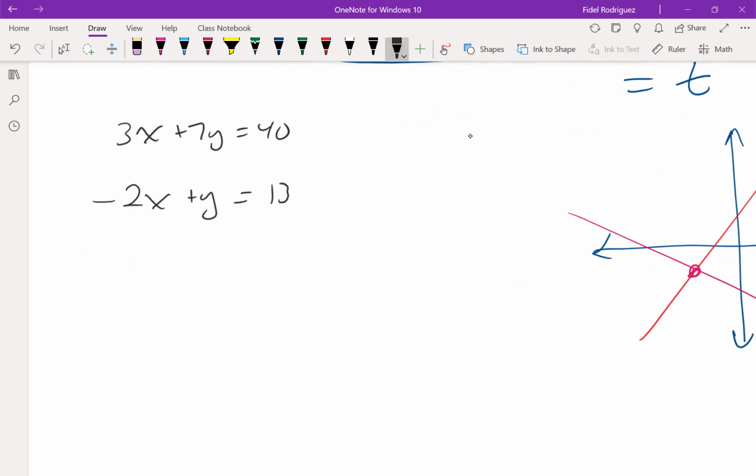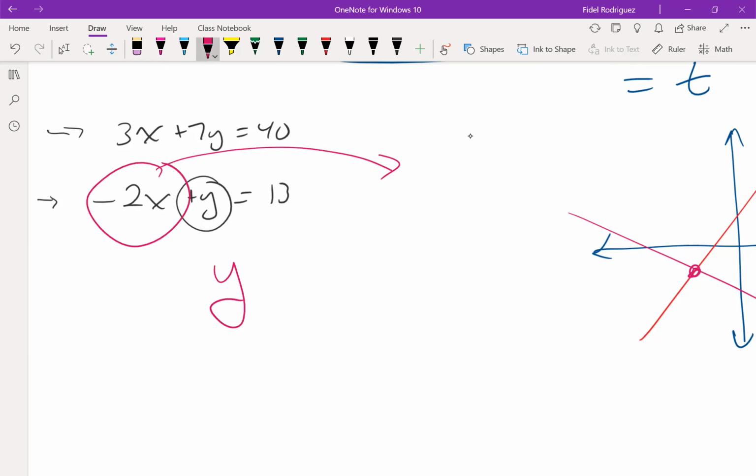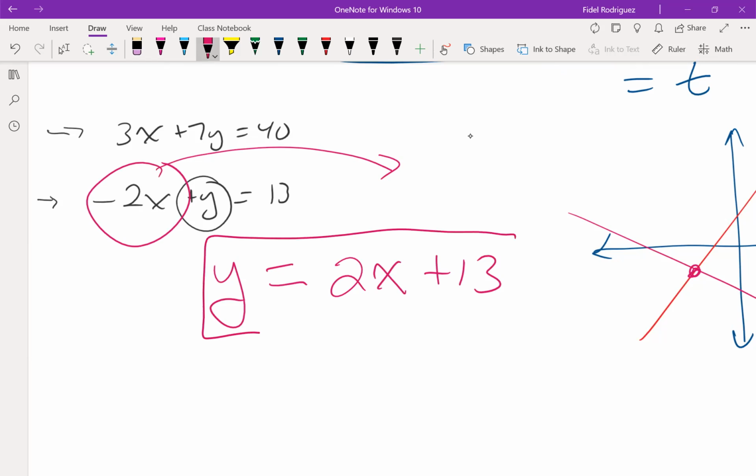Substitution says, look, I'm going to look at my two equations here, and I want to solve one of those equations for either the letter x or the letter y. It's probably really easy to solve this equation for y because all we have to do is move that 2x over. When we cross the equal sign, my 2x becomes positive, and we come up with y equals 2x plus 13.